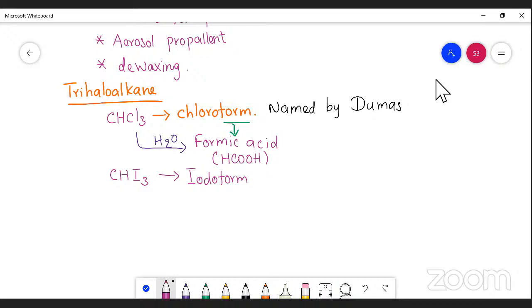Now, what is the difference between chloroform and iodoform?